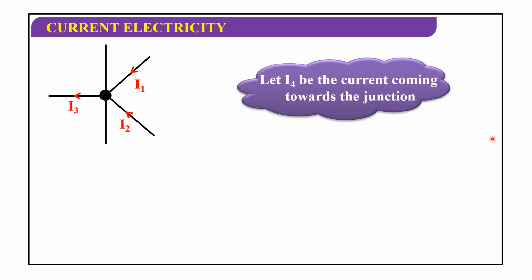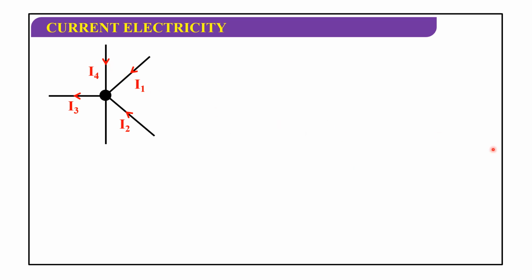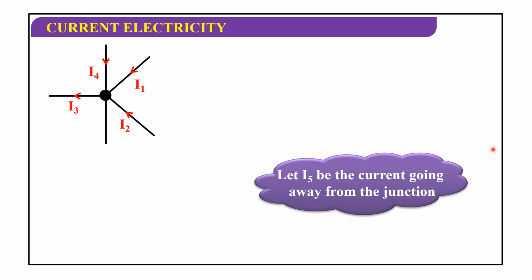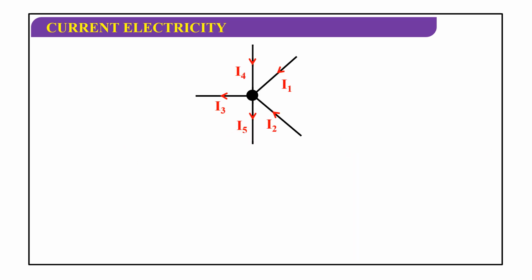I4 current coming towards the junction. Note this direction also. Let I5 be the current going away from the junction. So this is the complete figure with the direction of the current in the junction.